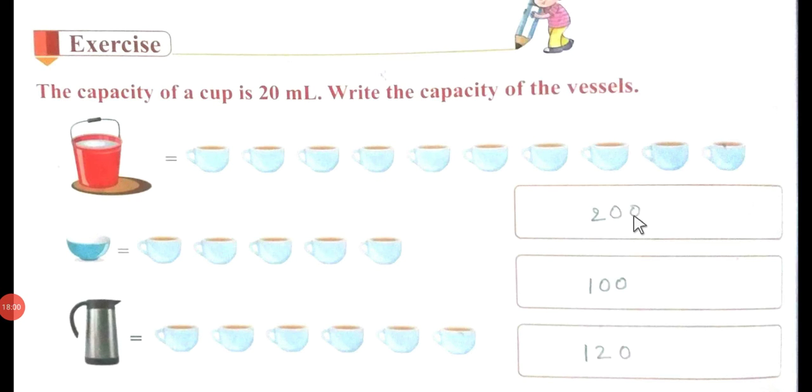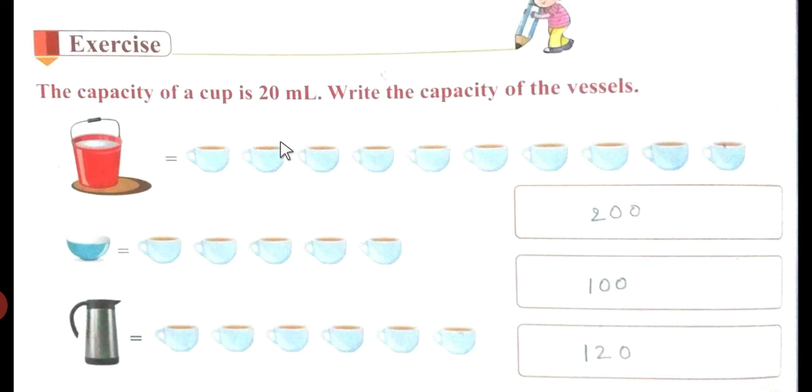So you can see it is, you can divide it by 100. So the answer will be 200, and you can see the answer here. 1, 2, 3, 4, 5. Measure it, divide it, multiply this 20 ml with 5.